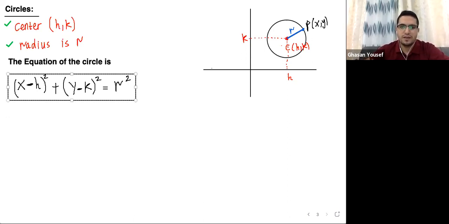So for finding the equation of the circle, I need two important things. The first thing is the center, and the second one is the radius. Suppose my center is the origin, 0, 0. What's the equation of the circle?